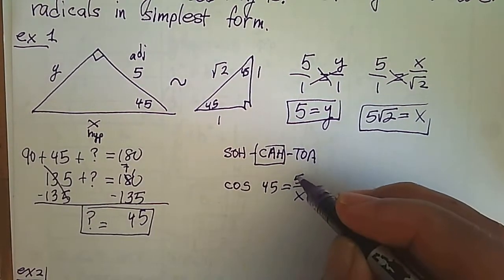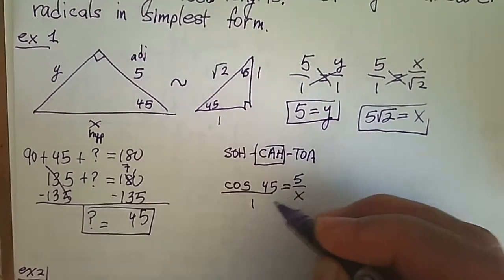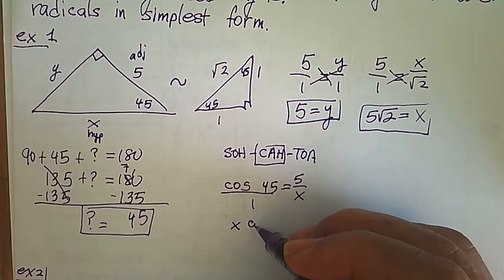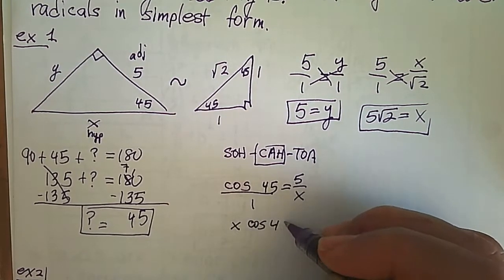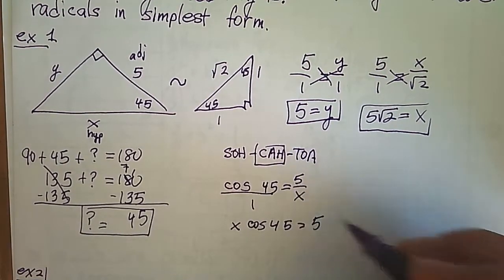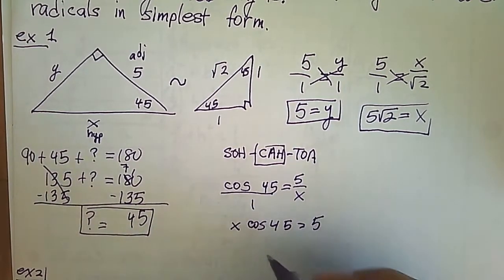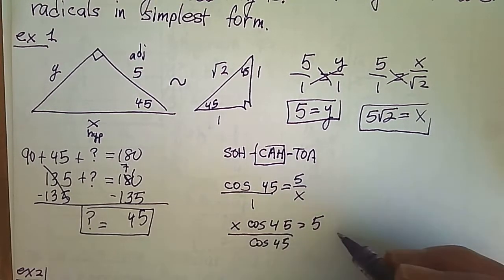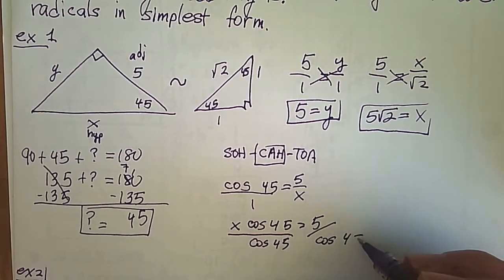Now, if that's a fraction, make this a fraction. Cross multiplying, you get x cosine 45 is equal to 1 times 5, which is 5. Get the x by itself, divide by cosine of 45.